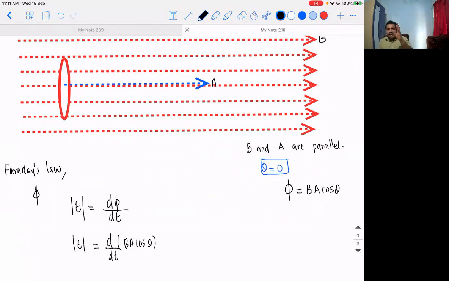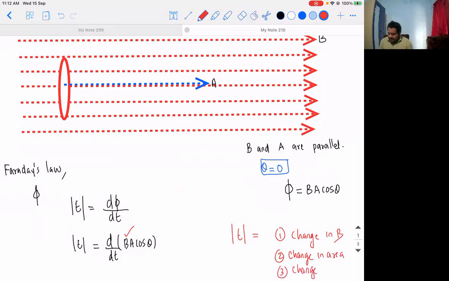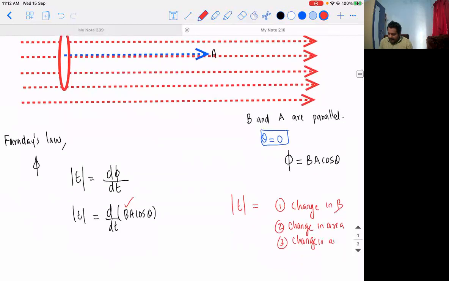So what are the three variables in this? One is magnetic field, so the induced EMF varies with a change in B. Next, change in area. Next, change in angle.